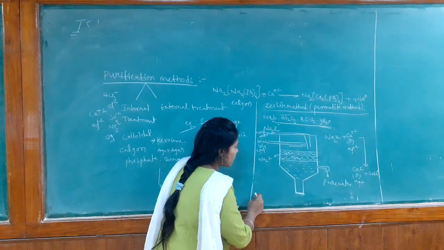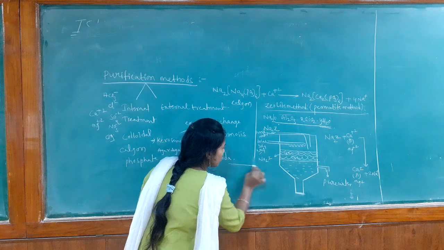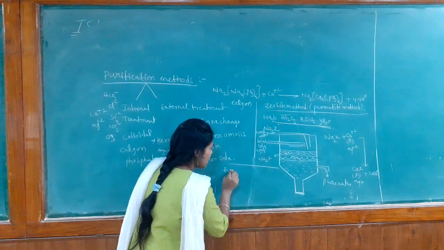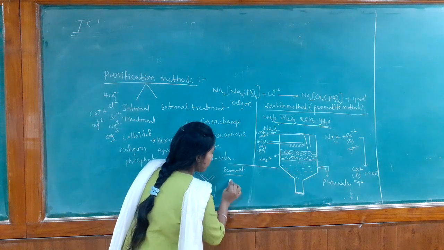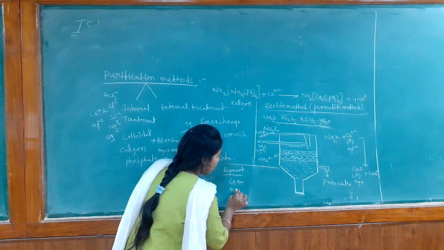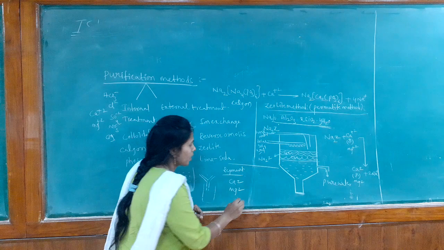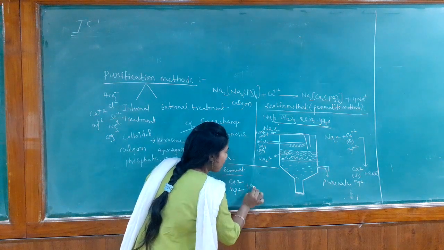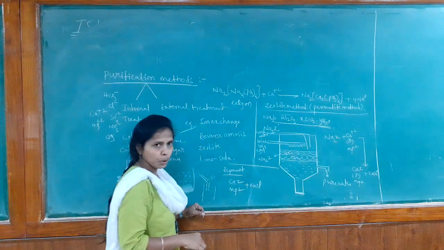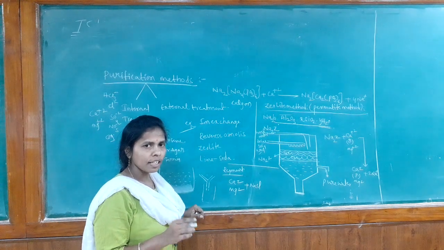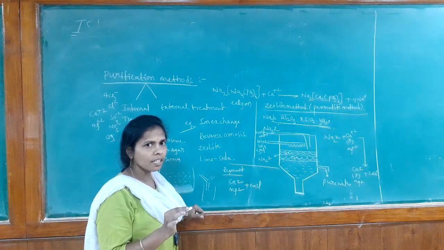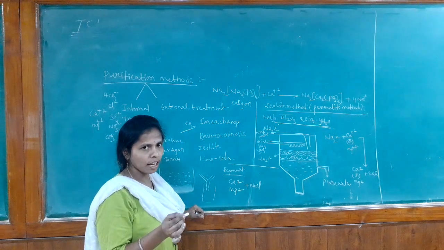How to regenerate? Regeneration reaction. Calcium Z and magnesium Z are removed by sending the sodium chloride solution. We know calcium has plus 2 charge, and magnesium also has plus 2 charge.